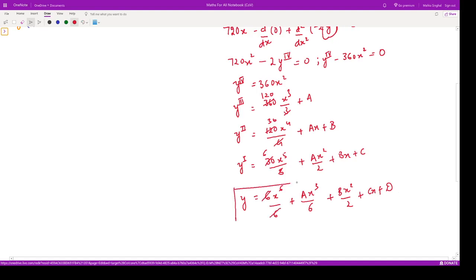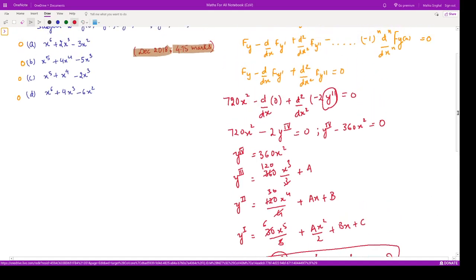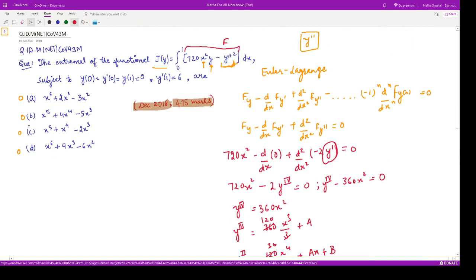On looking at this y, we can see that x to the power 6 is appearing in it. So let us see our options. Accordingly, this cannot be the solution, because the maximum power of x here is 5, and in this case it is also 5. So these cannot be the solution. Out of these two we have to suggest what is the solution.